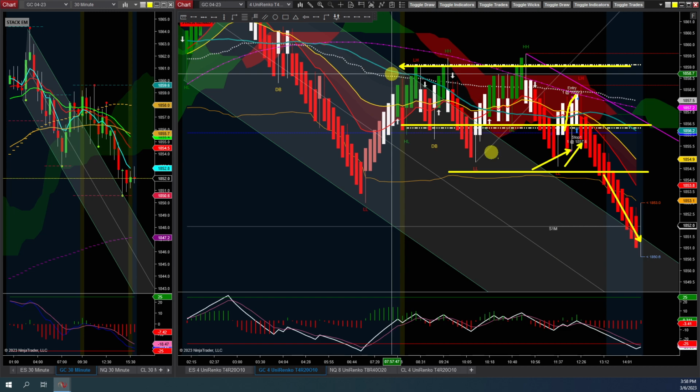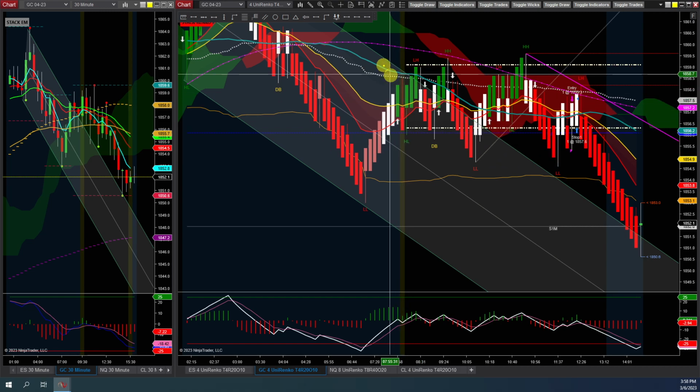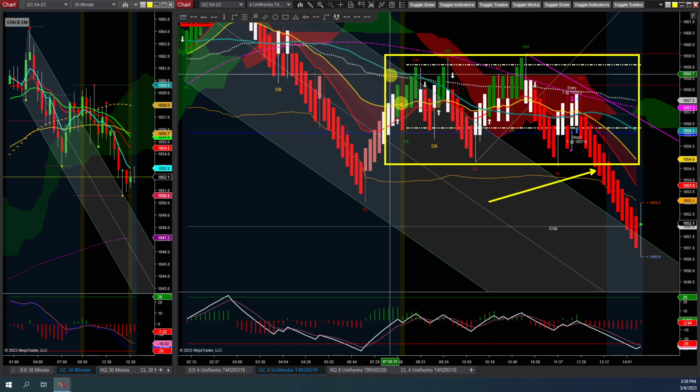It came back down after the break of that range, and probably the best way to mark this range afterwards, it's always easier to talk about it afterwards, right? So it should have probably been that to mark the break right there. I'm gonna change the color here.